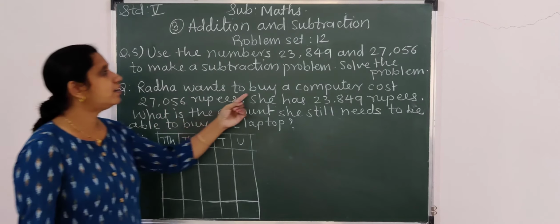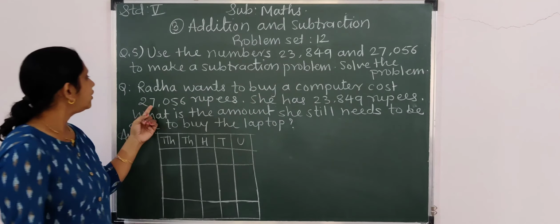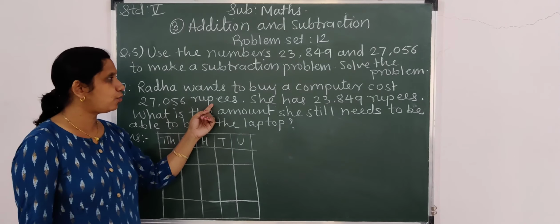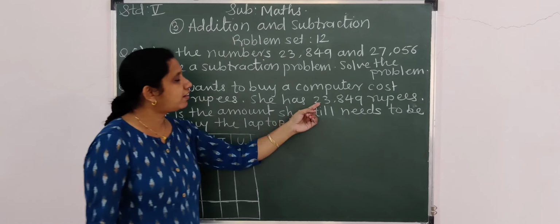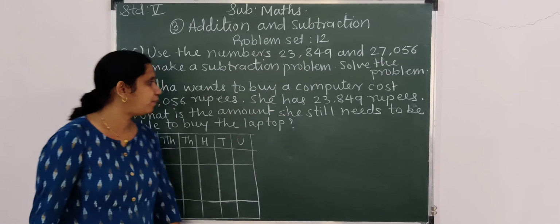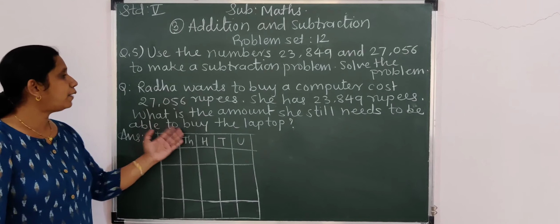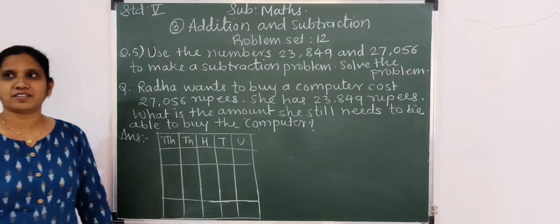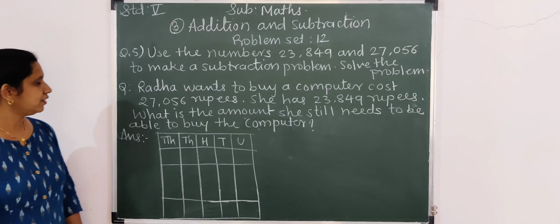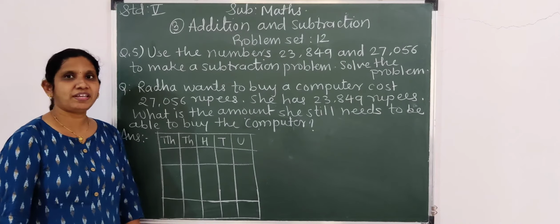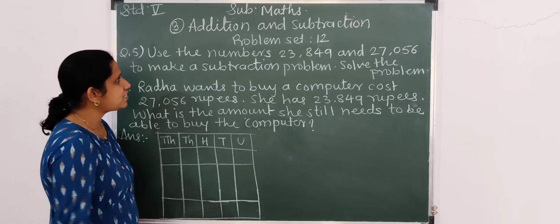Radha wants to buy a computer, cost 27,056 rupees. She has only 30,849 rupees. What is the amount she still needs to be able to buy that computer? Alright. So let's start solving this example. This is a table.